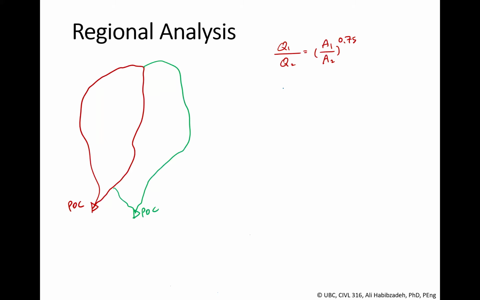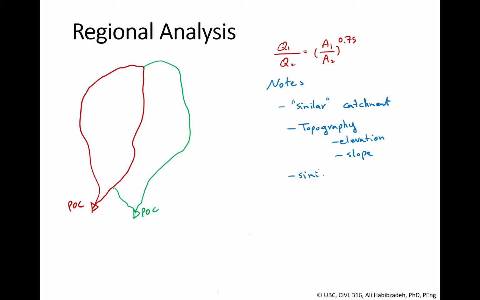I'm gonna say notes: catchments have to be similar. What does it mean, similar? It means topography should be more or less the same, or not the same, similar. What is topography? Elevation, slope, and so on.